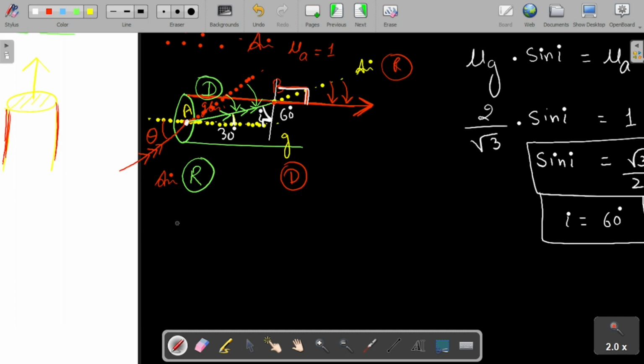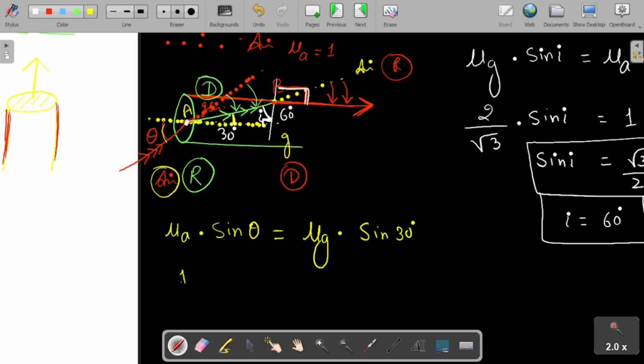Again apply Snell's law, so mu a, outside air, into sine of theta, this incidence angle theta, should be equal to mu g, the refractive index of glass, into sine of 30, the angle of refraction here, as you can see, this 30 degrees.